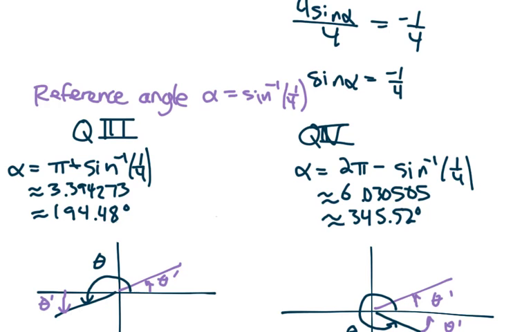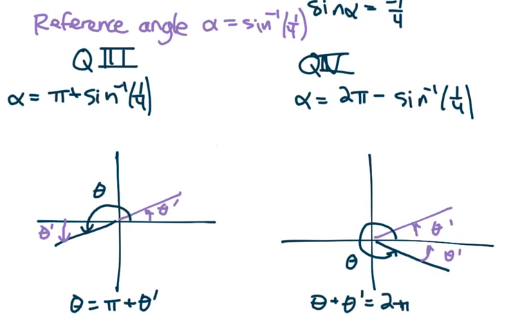It will tell you approximately negative 14.5 degrees. This is not between 0 and 360 degrees. If I ask you for 0 to 360 degrees, you won't get the answer right by picking arcsine of negative 1/4. And so instead on this problem we used the reference angle, sine inverse of positive 1/4, and used that to find angles in the third and fourth quadrants between 0 and 2 pi where we wanted them.